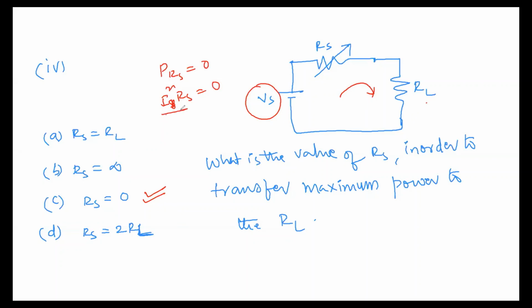So either the current will be 0 or RS will be 0. Current will always be there because it is a short circuit, so current won't be 0. So RS will be 0. Clear? You have to make RS 0 in order to transfer maximum power to the load.